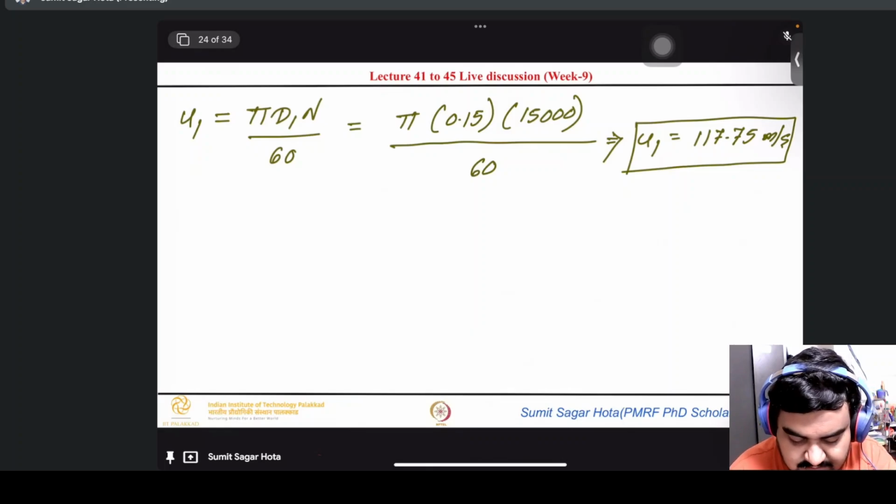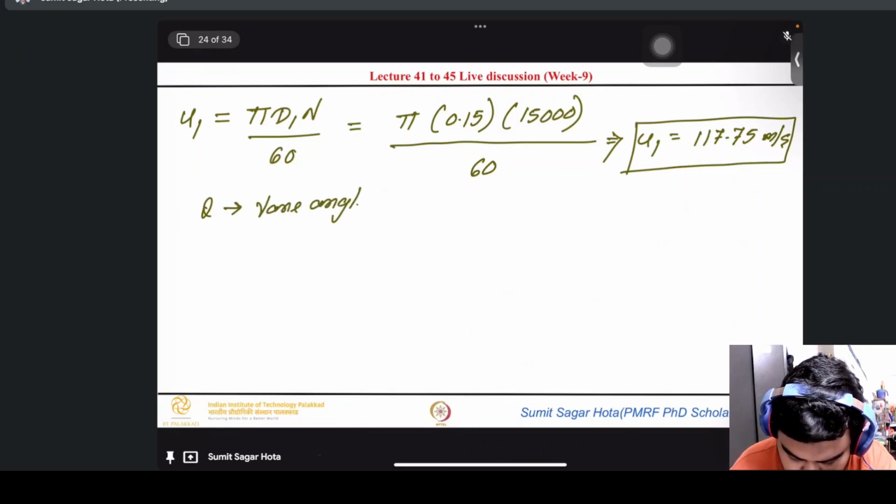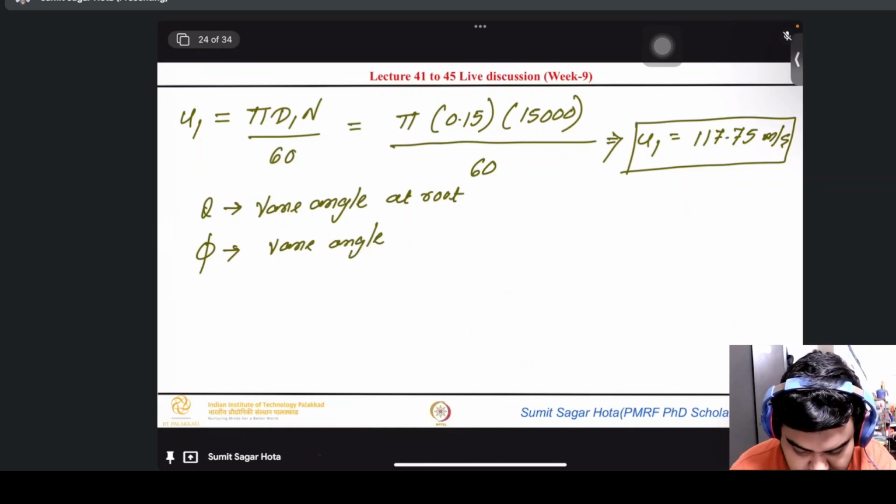Okay, so theta is the vane angle at the root and phi is the vane angle at the tip.